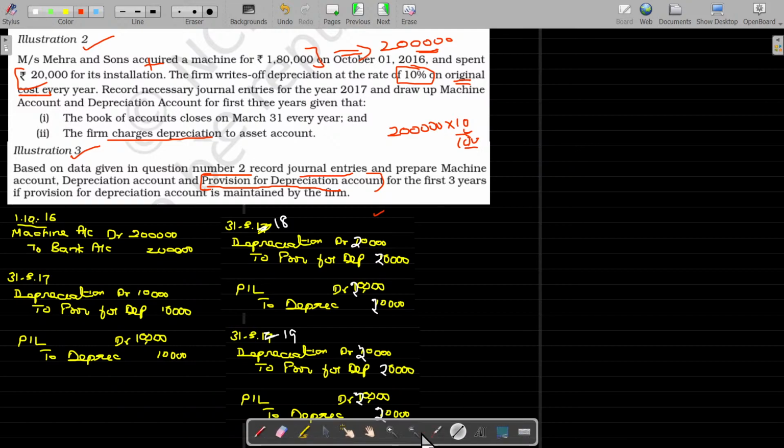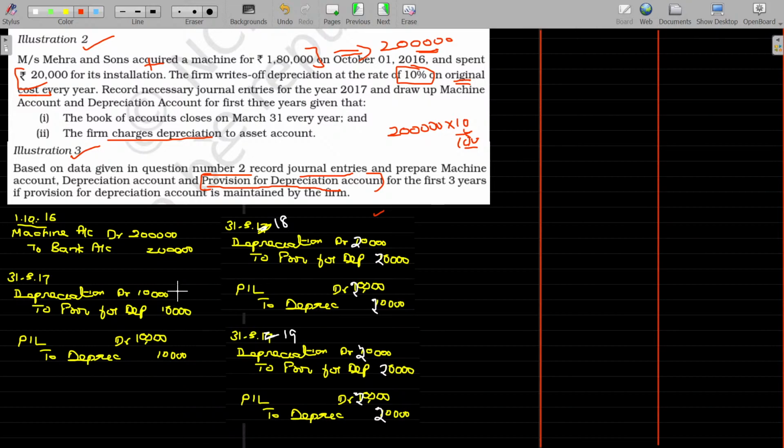Let's see here. I am going to prepare the ledger. It's the last two entries repeated again and again, similar to the other model. Only thing, the depreciation is not going to be charged to the asset account but accumulated in the provision for depreciation. Now the first one is machine account.